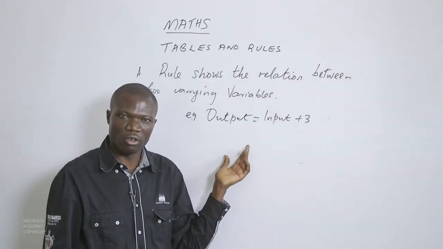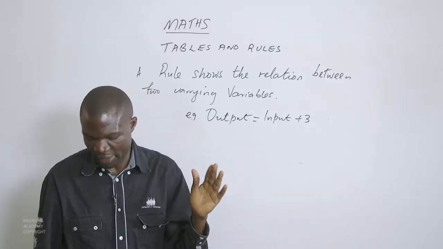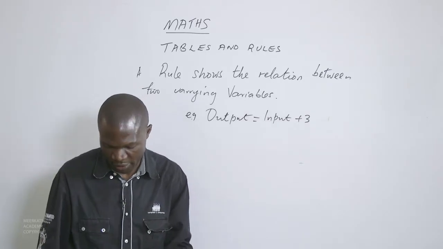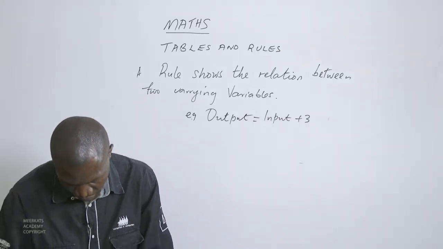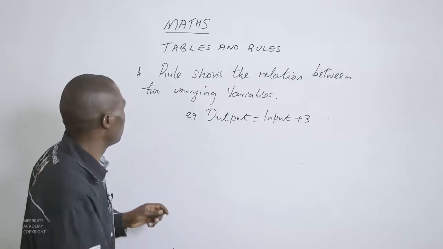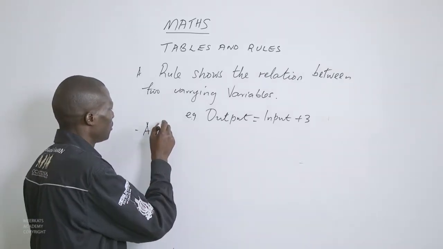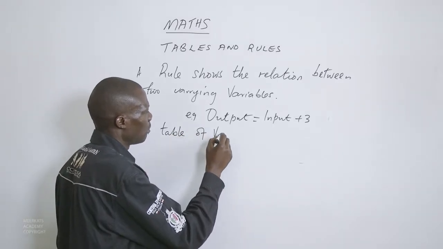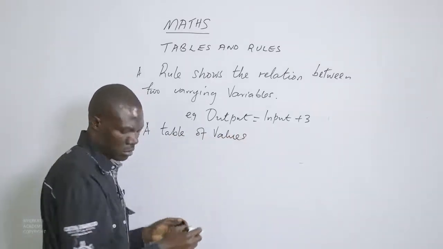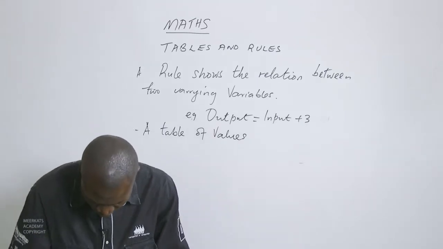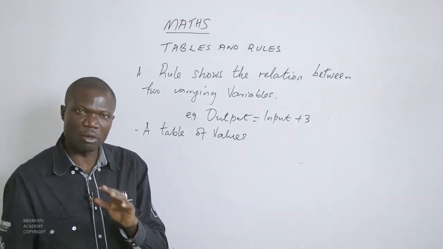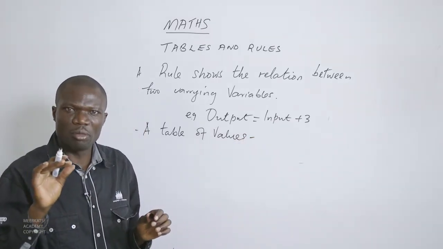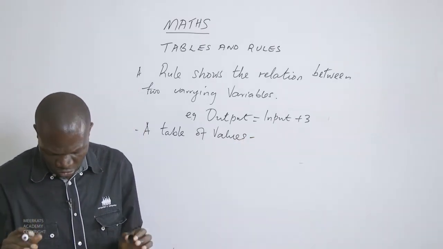It is not the only rule. The rules keep on varying, as we shall see as we move ahead. Then we have a table of values. A table of values is a table that can be created from any form of rules.